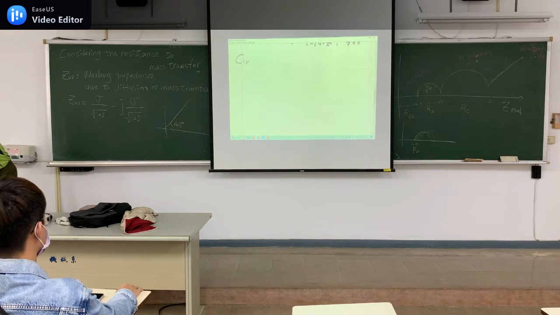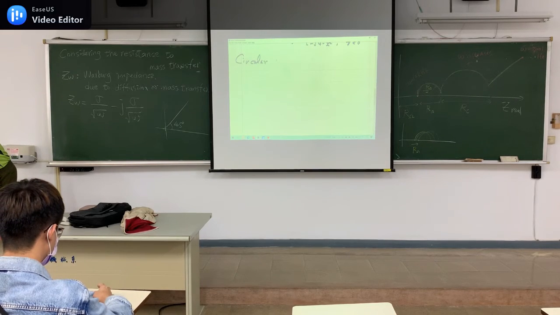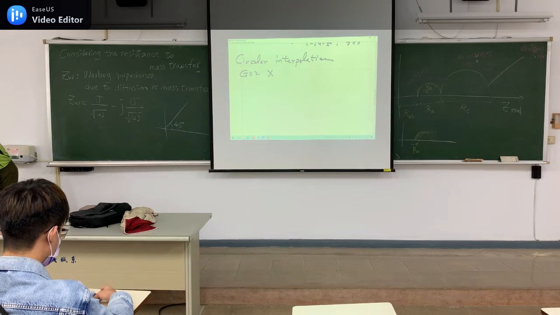Circular interpolation. G02. Something equal like x, something x, for example, x1, y2, something like this.